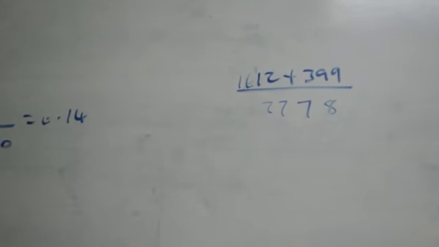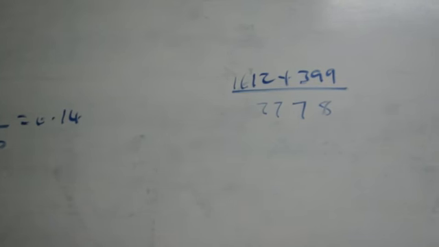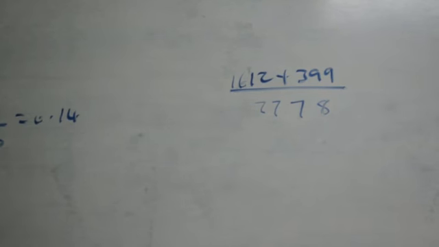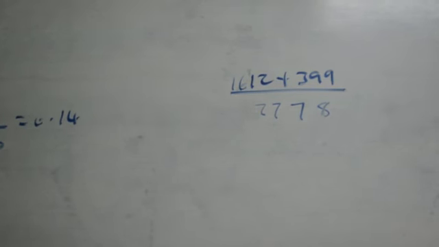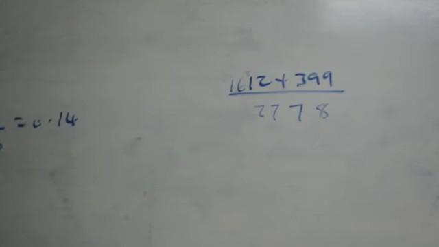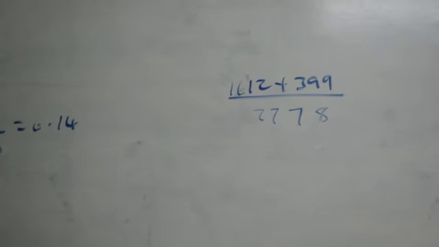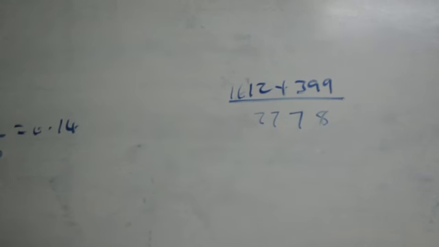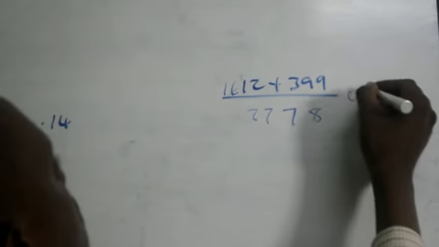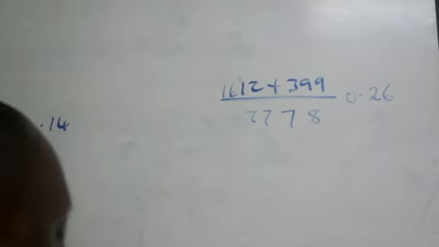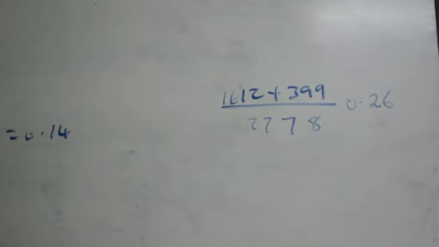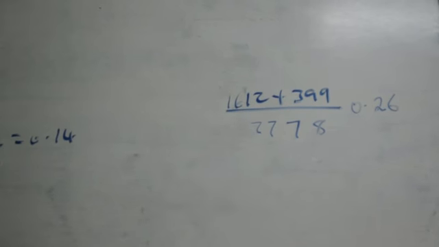So you have 1612 plus 399. You divide by 7778. So this is 0.26. Next we have interest coverage ratio.